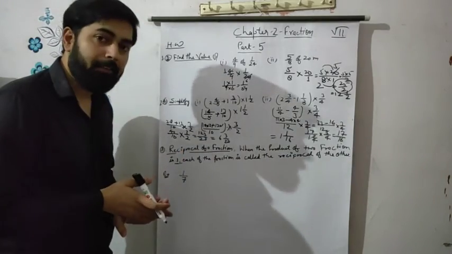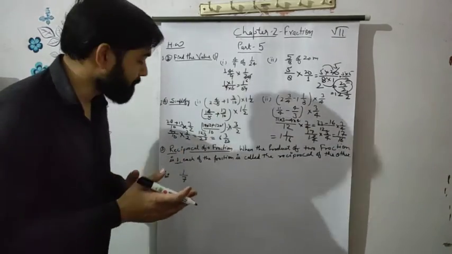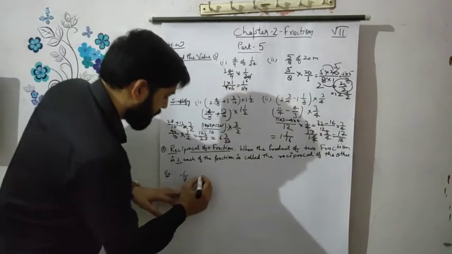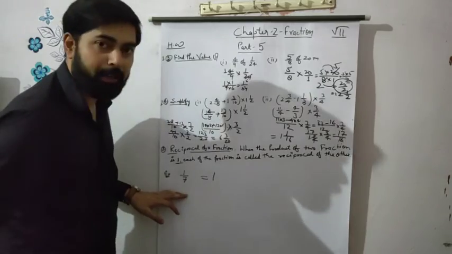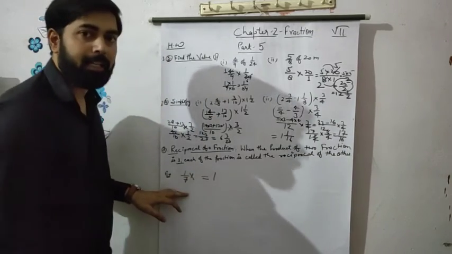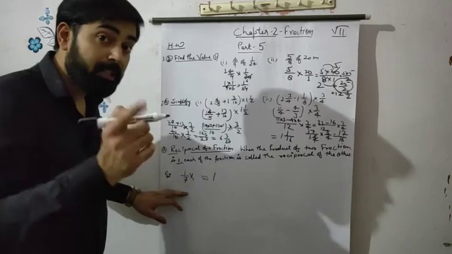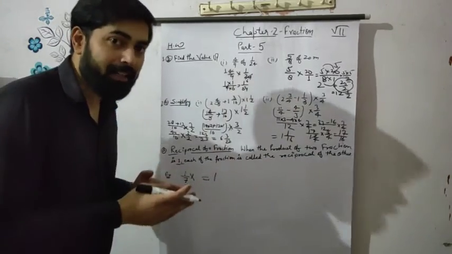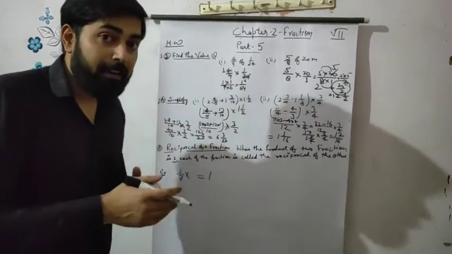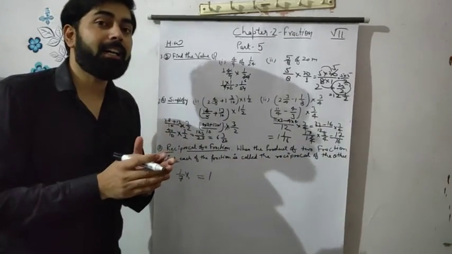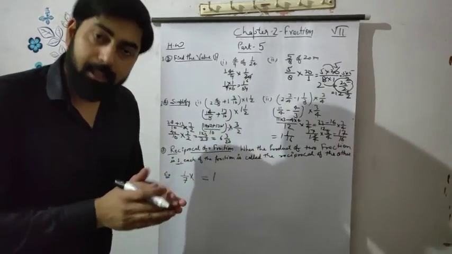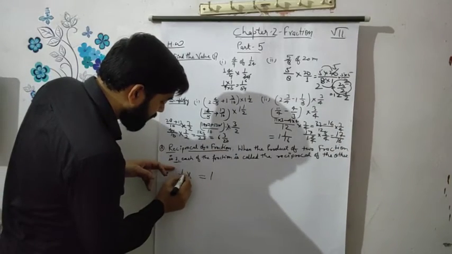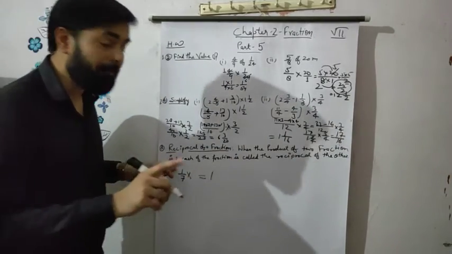So 1 upon 7. How can we find the product of 1 with this fraction? Meaning how can we find the 1? When we multiply the opposite of 1 upon 7 with the given fraction, then we can find the 1. Opposite of the fraction means, given 1 upon 7, how can we write the opposite of this fraction?